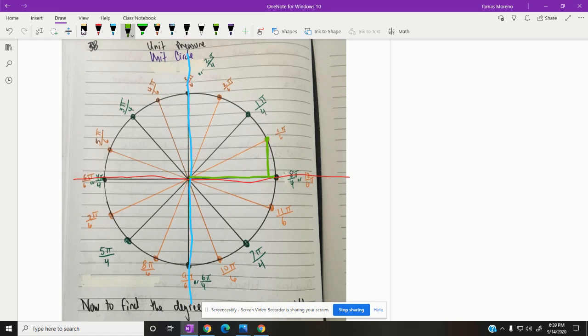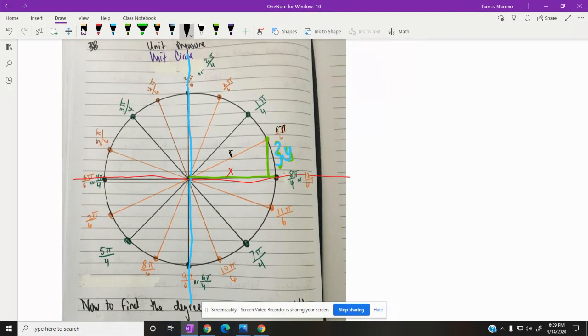Okay, so we need to know the y, and we need to know the x, because we already know that this is our radius. So this is, let's do this in blue because the y is in blue. And we know that this is our radius r.